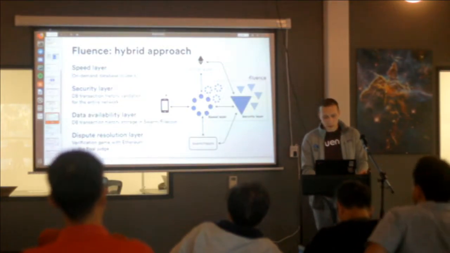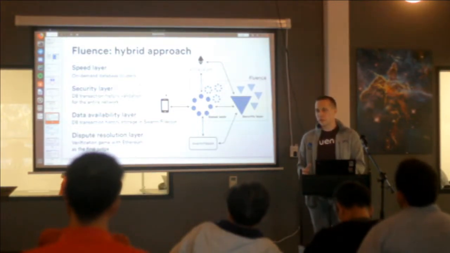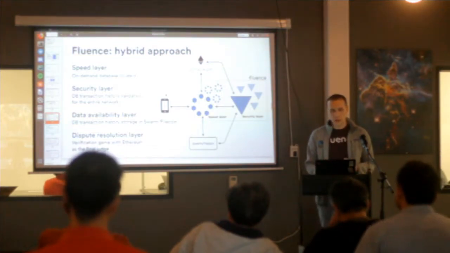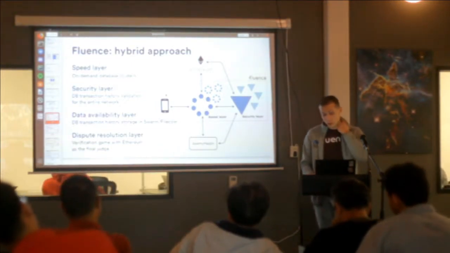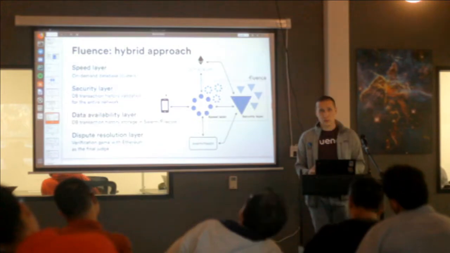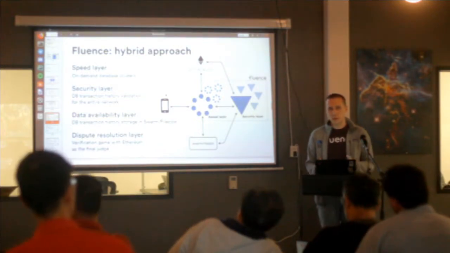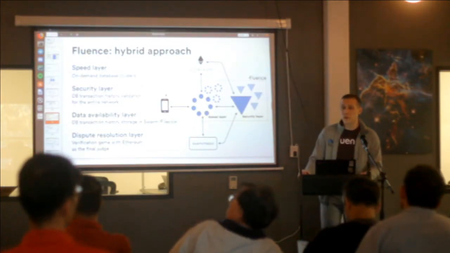The first layer is the speed layer, which has database clusters. These database clusters can be fairly small. They can have maybe 4 machines connected with BFT consensus, or 7 machines, maybe 10 machines. So they're not necessarily super secure, because it's very few machines, so there is a high chance that those machines will all be malicious.